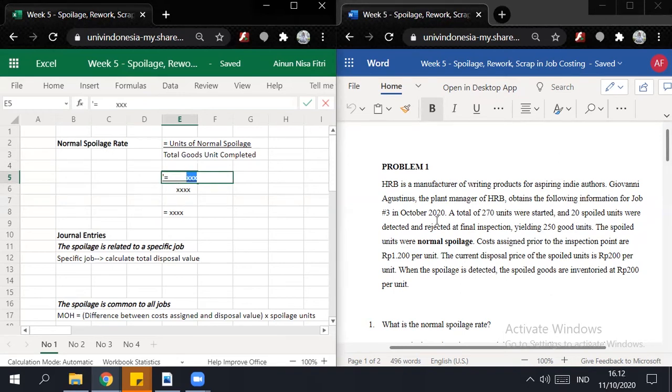It is written in the question. Then divide it by the total good units completed, which is 250 good units. Please note that this number is only for the total good units completed, not all the units produced.